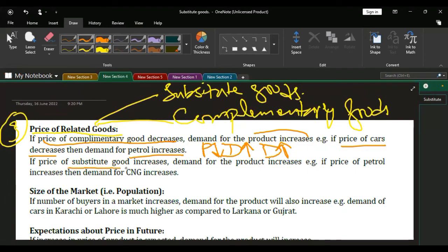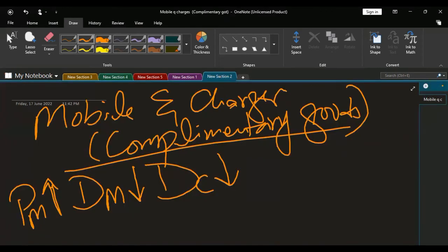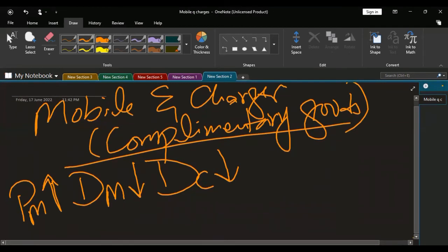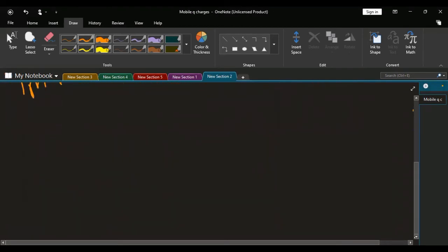If price of a substitute good increases, if price of Pepsi increases, then demand for Pepsi decreases and demand for Coke increases. So demand for the product increases. That is, if price of petrol increases, demand for CNG increases because people have to move to a substitute. Let's study with an example, Coke and Pepsi.